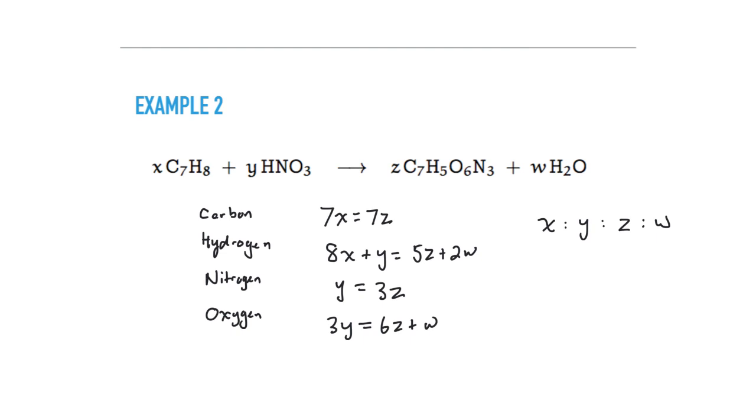I hope that this idea piques your interest because linear algebra is more than just studying ways to solve systems of equations, but instead trying to understand why some systems of equations have exactly one solution and some might have many more. As for this problem, I think that any mixture that had 1 part toluene for 3 parts nitric acid would produce 1 part TNT and 3 parts water.